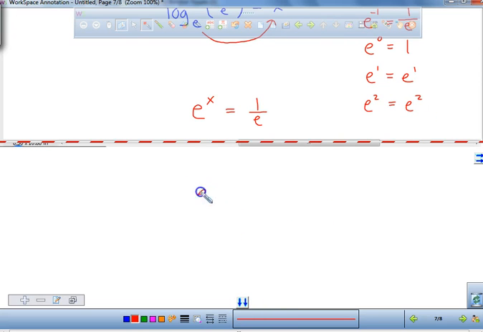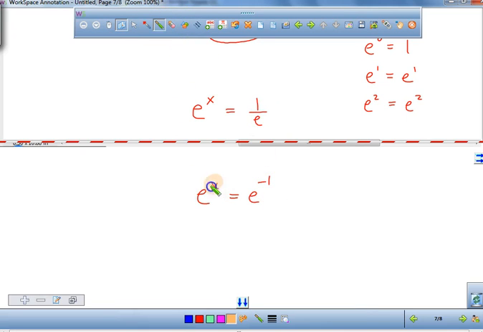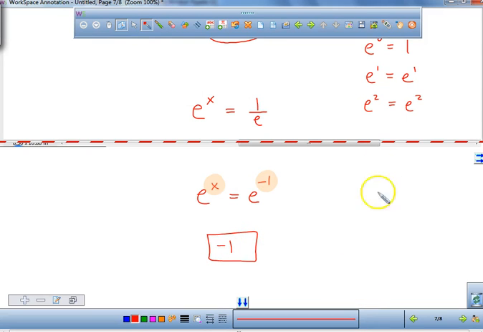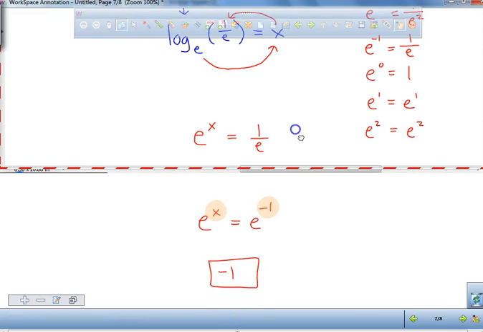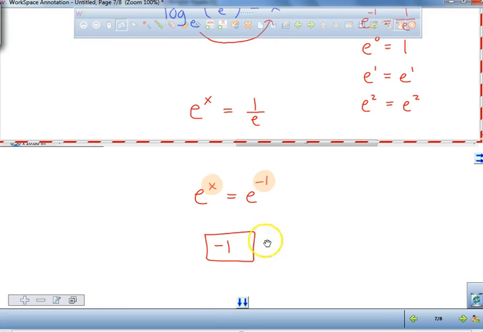So if I said e to the x equals e to the negative 1, because 1 over e is e to the negative 1, then yes, what does x have to equal? It has to evaluate to a negative 1. Okay? So right there, that will equal a negative 1.